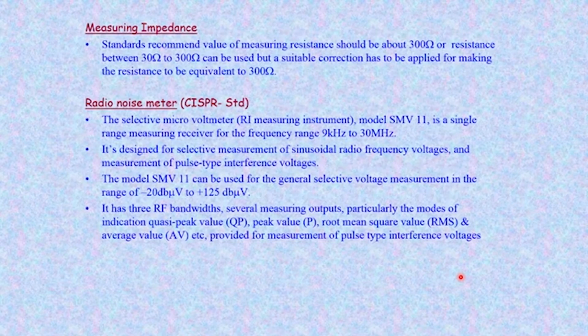The radio interference measuring unit should have various ranges for the frequencies, if required, and various modes are available, with options of measuring at peak, quasi peak, average, several of these prescribed so that useful information could be obtained. So, the radio noise meter also has to be of international standard requirement for the measurement.